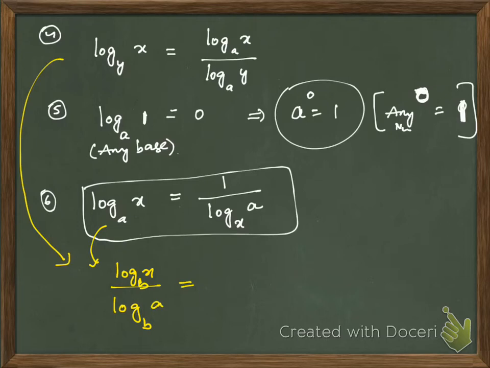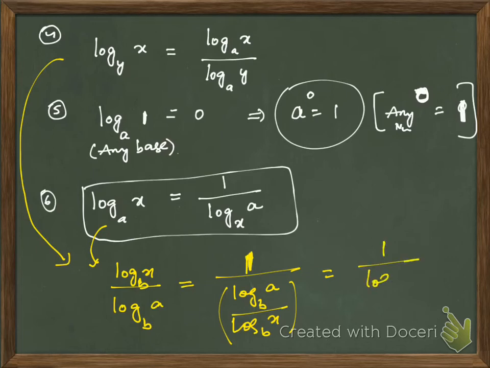So that will give you 1 by log a to the base b by log x to the base b. I am just rearranging, that will give you 1 by log a to the base x, because if you take base b common from the previous formula, you can rearrange it and write it like this.